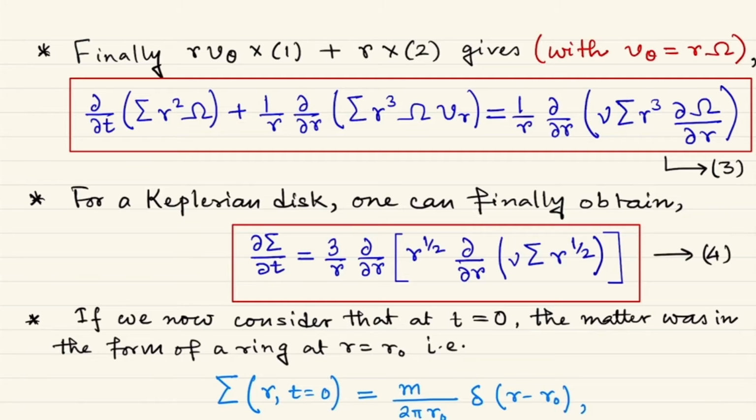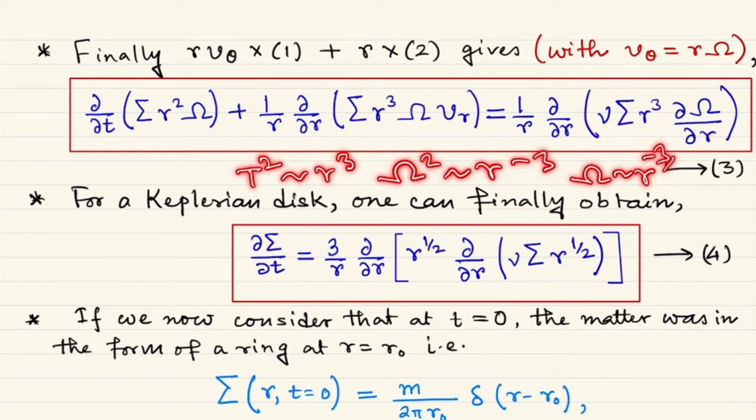Now for a Keplerian disk, we know that omega is just a function of r. How should it look? If you remember, t square goes as r cube, so omega square goes as r to the minus cube, so omega should go as r to the minus 3 by 2.